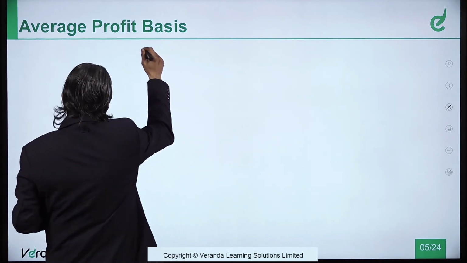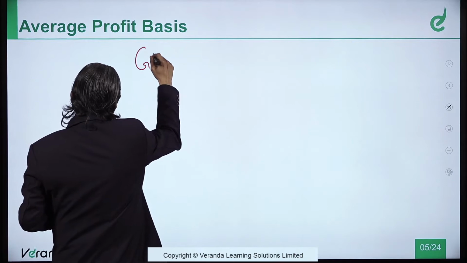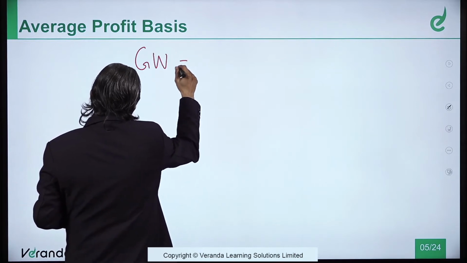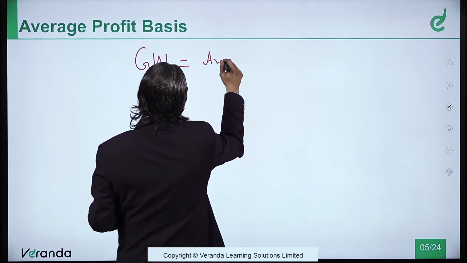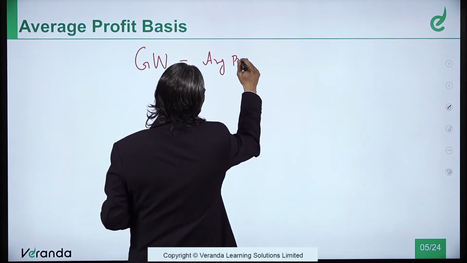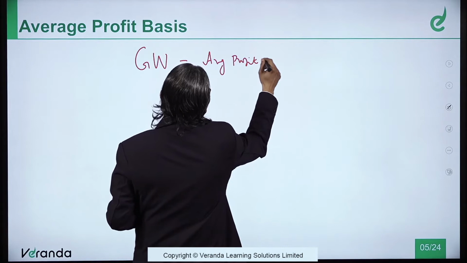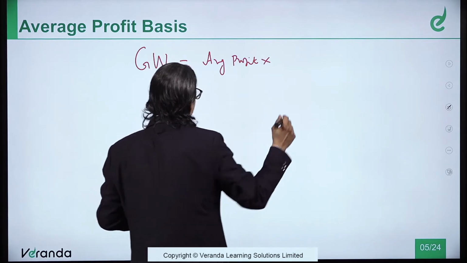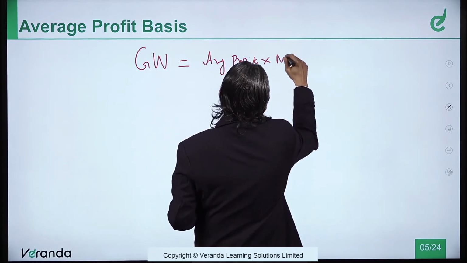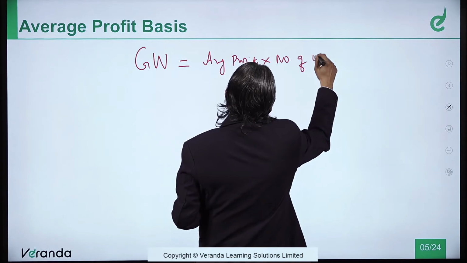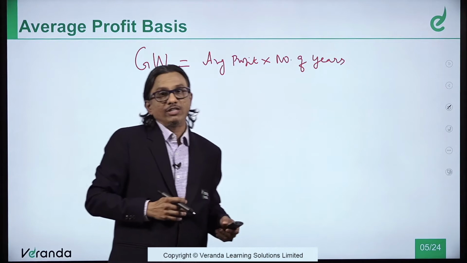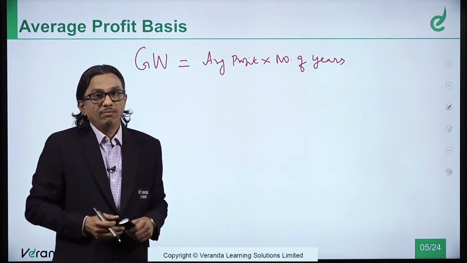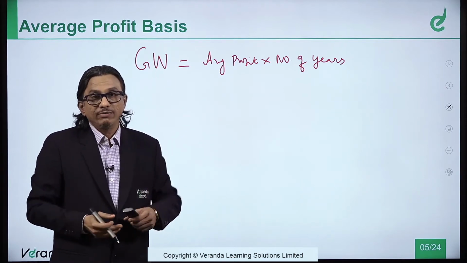Very simple. Goodwill is equal to average profit multiplied by number of years. Goodwill is equal to average profit multiplied by number of years.